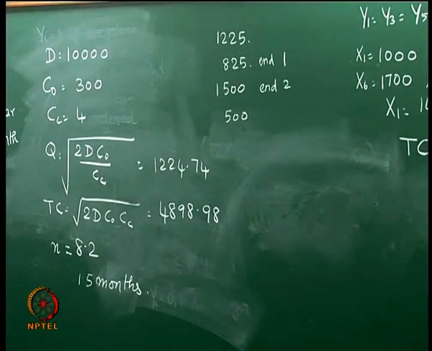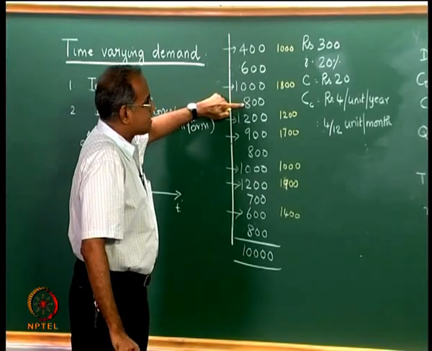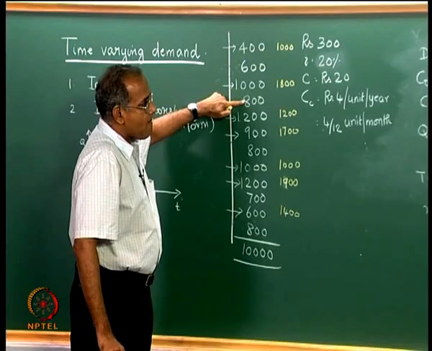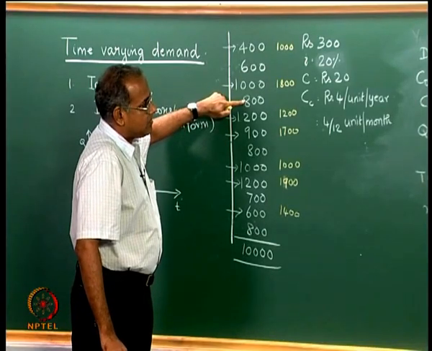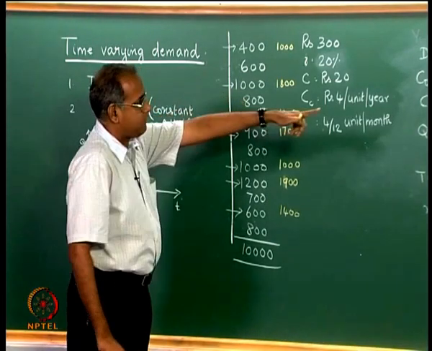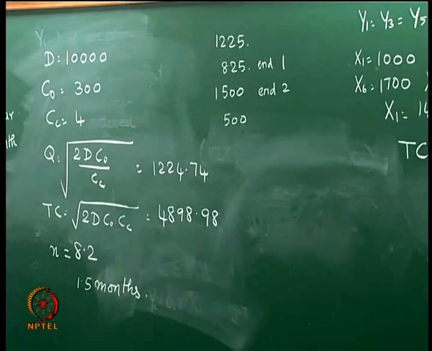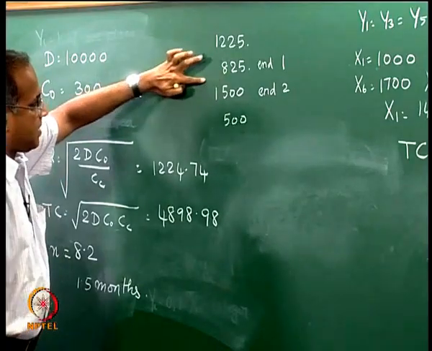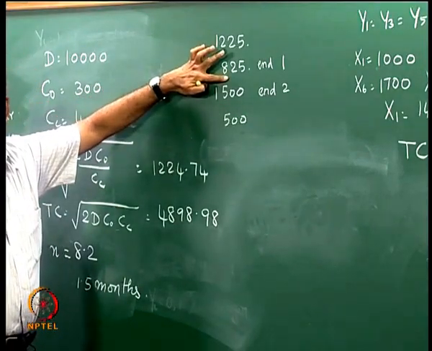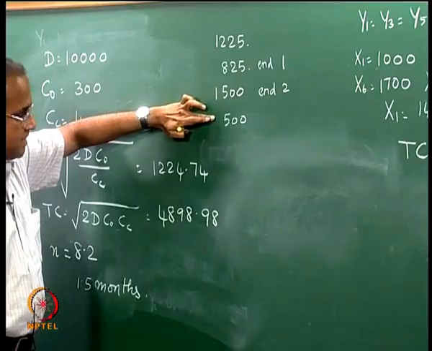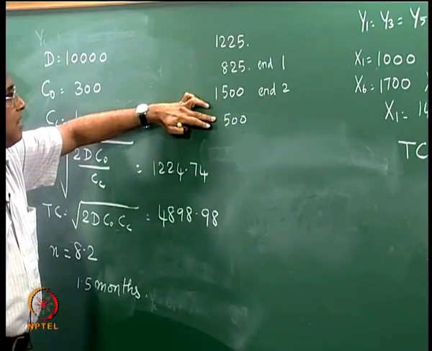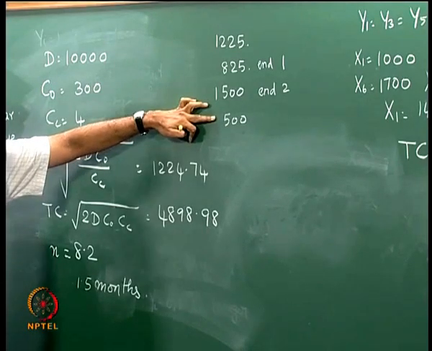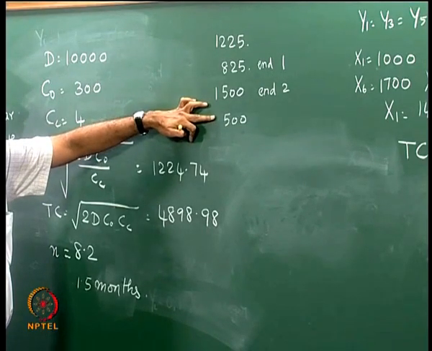Now halfway, the next order is going to come. The first order has actually come here, the second order will come at this point. So 500 plus 1250 will be 1750.